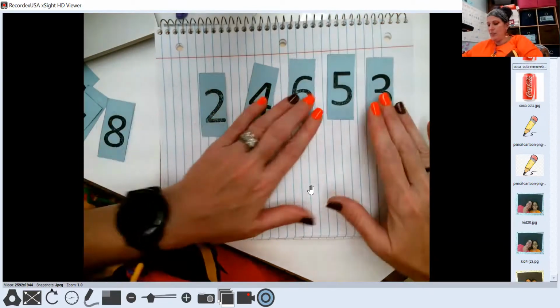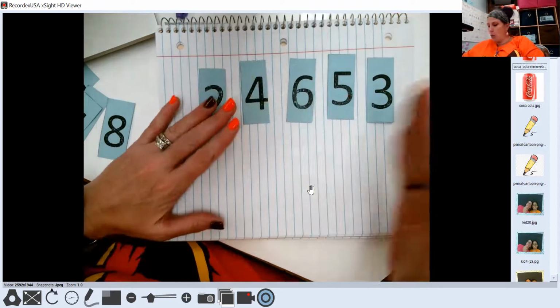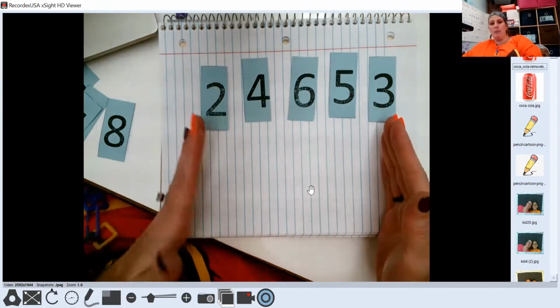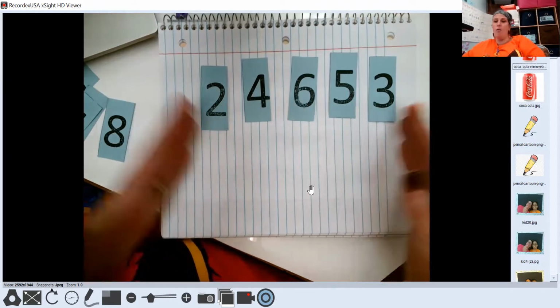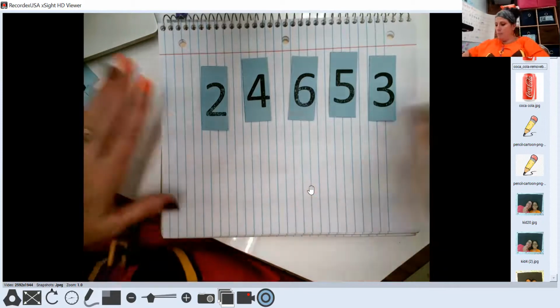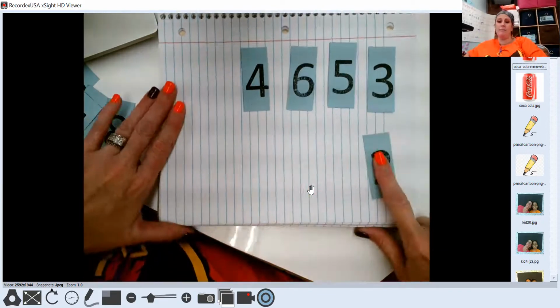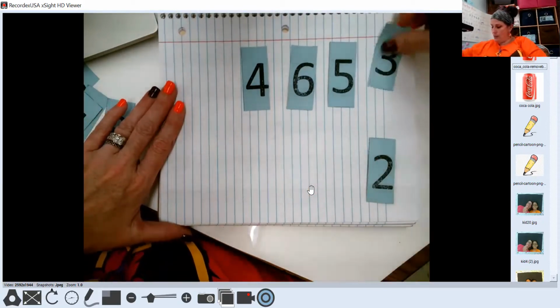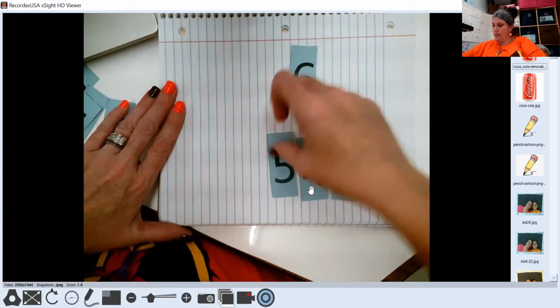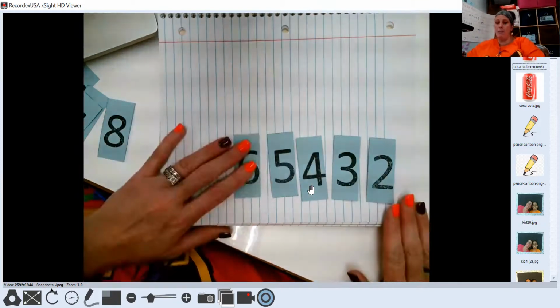What that means is I start with my least number all the way to the right, and I should end up with my greatest number all the way to the left. So I'm going to do the least number to the right: 2, and then 3, 4, 5, and 6. So that is my greatest number.